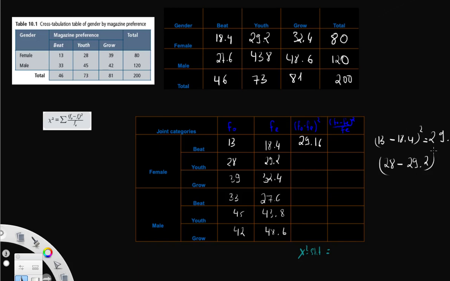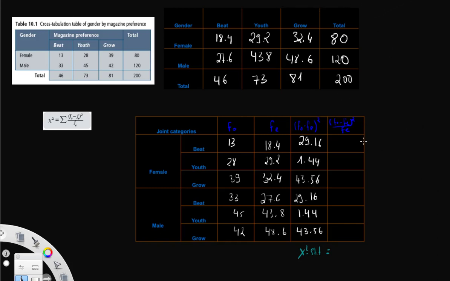I put those in brackets, square the answer. This is going to give me 1.44. Then I'll write 1.44. Now it's your turn to do the rest. We'll meet here. Okay, now I'm certain that you got the same answers here.